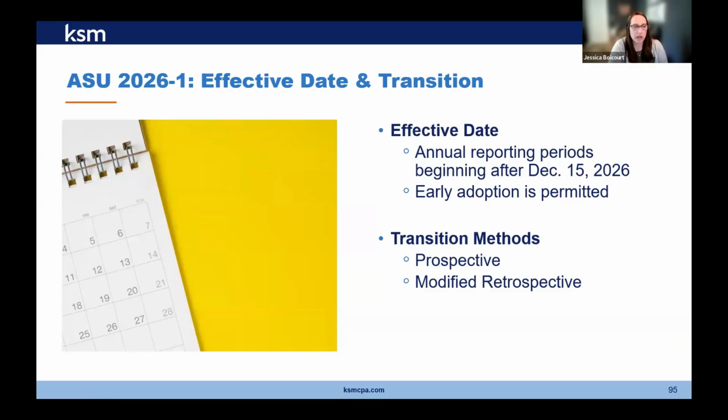This one is a 2027 calendar year effective date, but you could early adopt, and you can do prospective or modified retrospective application method. I know that was really quick. You'll have the slides. We will report on these again when they get closer to all of their effective dates. Reach out if you have questions.